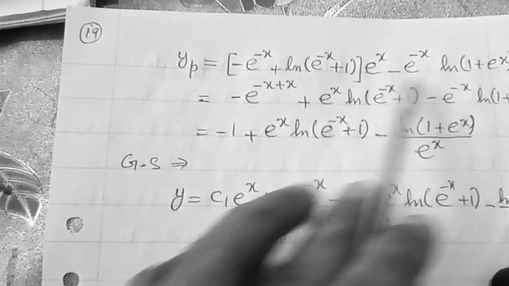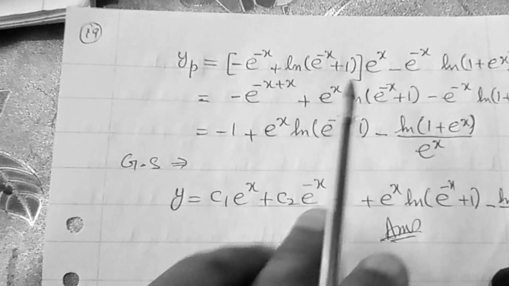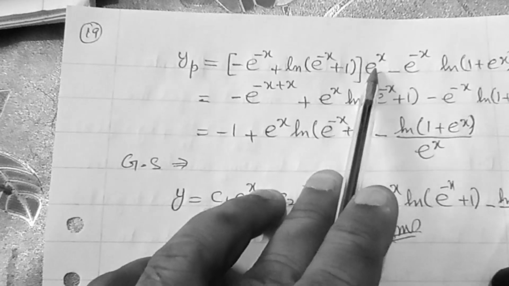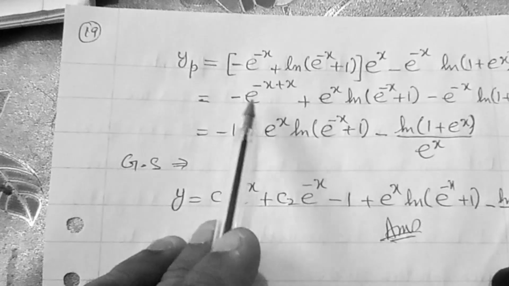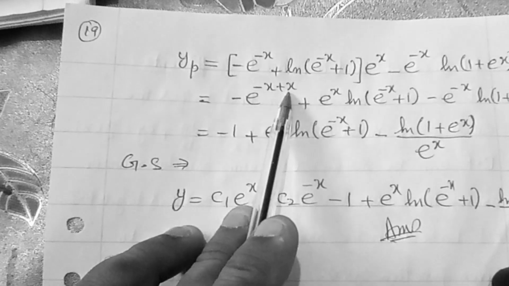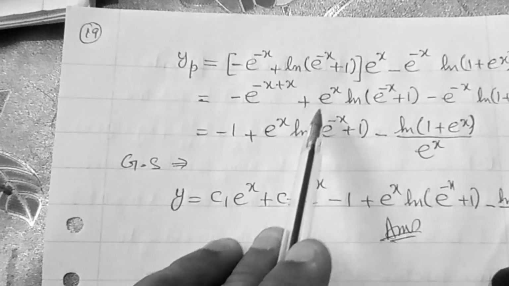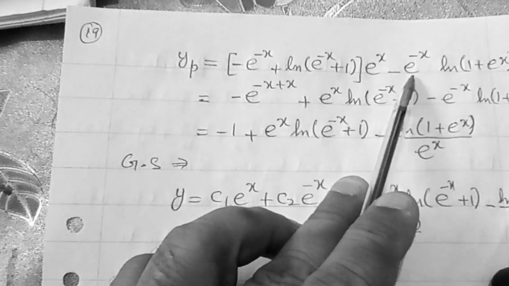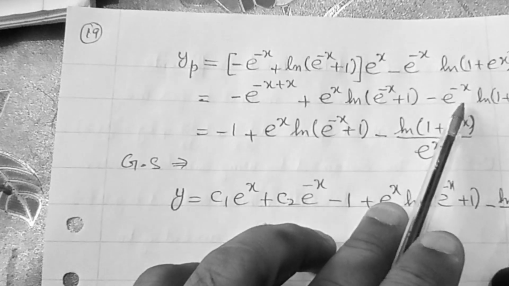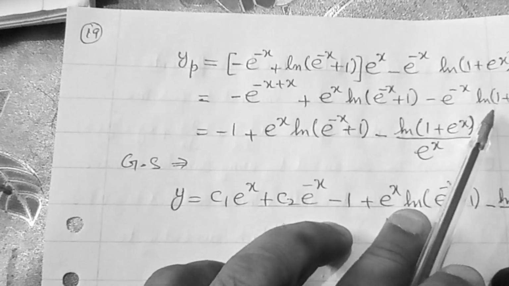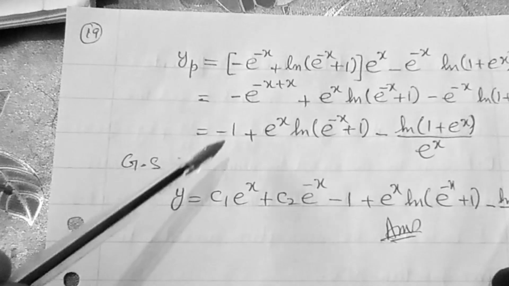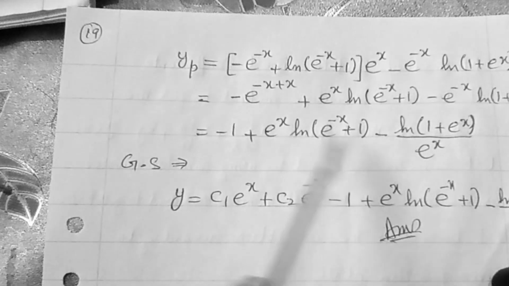When we substitute their values and multiply and simplify them, this exponential x will multiply with two terms, so exponential x into exponential minus x would be e to the power minus x plus x, and this term will multiply by this term, that would be exponential x ln of exponential minus x plus 1, minus this exponential x with negative sign multiplied by the log of this term, so that this would be exponent power 0, it is minus 1, plus these two terms will remain the same.